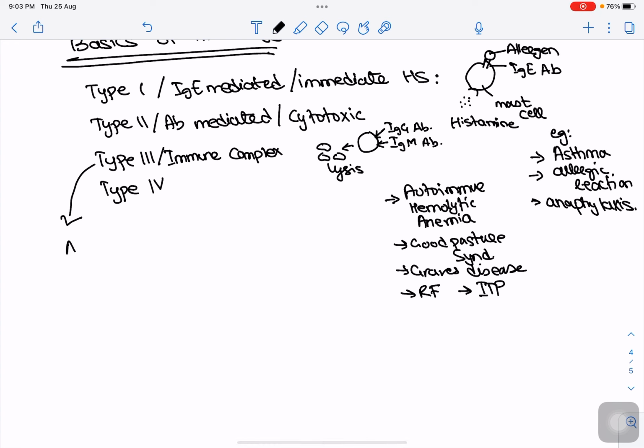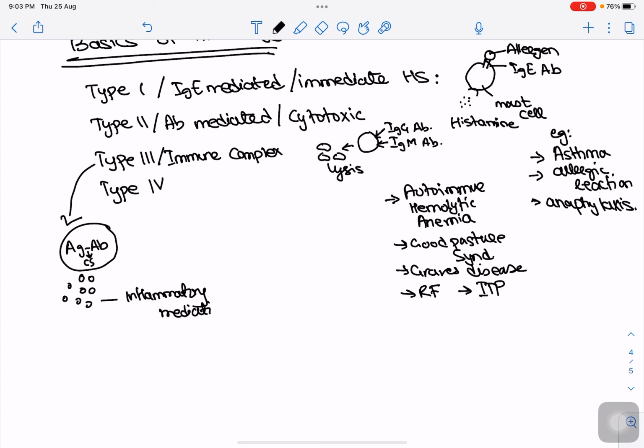So this is an antigen and antibody complex that deposits within the tissue, and it leads to activation of the complement system, and there's a release of inflammatory mediators.